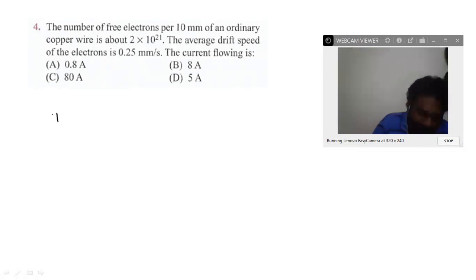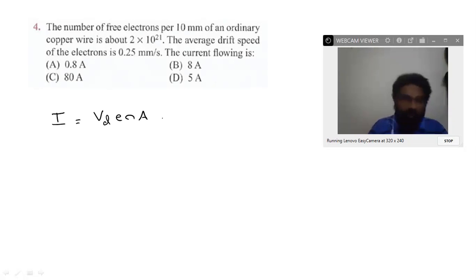So here I is equal to v_d e n A, drift velocity into e into n into A. What is the value of current they are asking? Drift velocity is given here. Vd is equal to 0.25 millimeter per second.